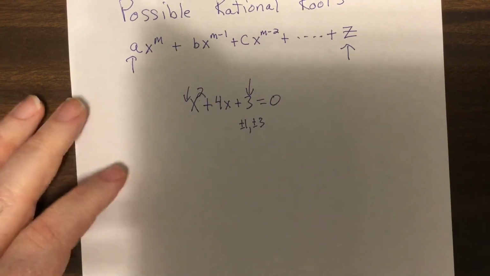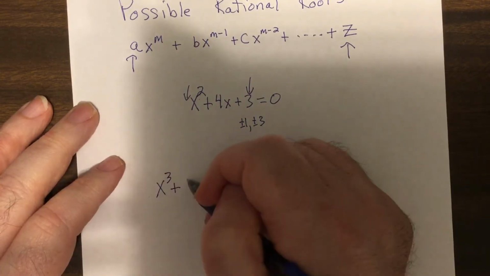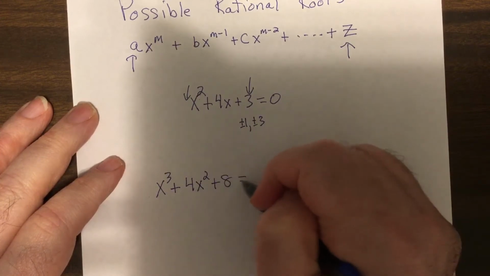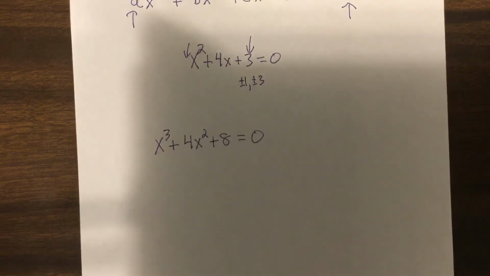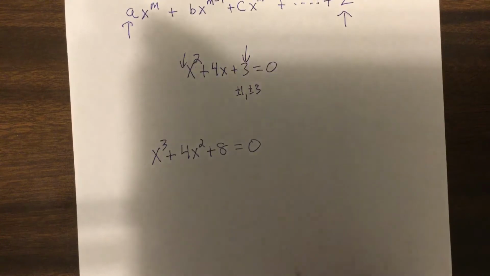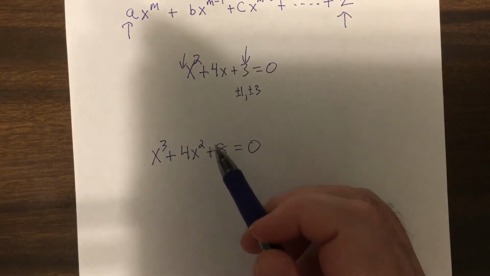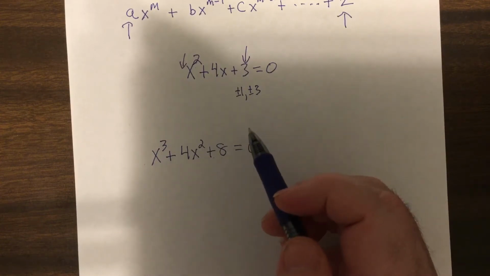So let's have x cubed plus 4x squared plus 8. Now, right away, you should remember one of the rules, I forget which number it is, that since you're adding each time, there's no negatives, you can't have a positive answer, so you could get rid of those.